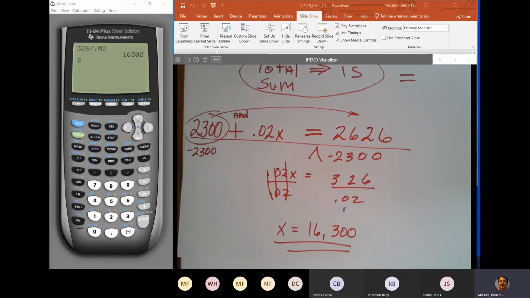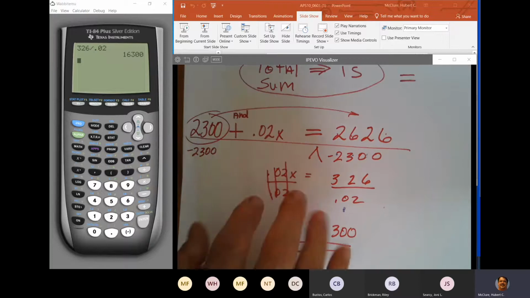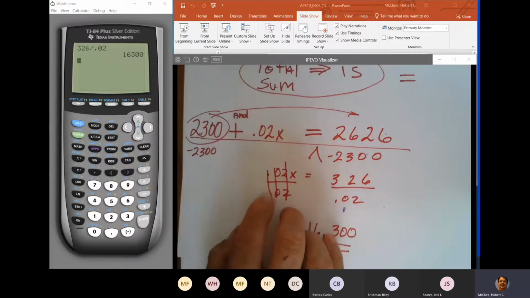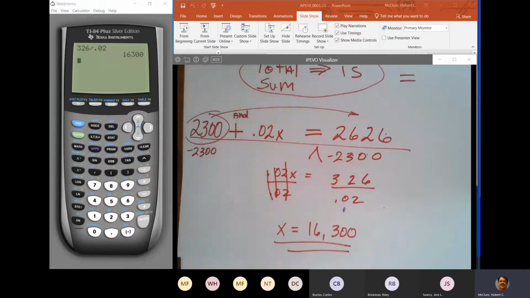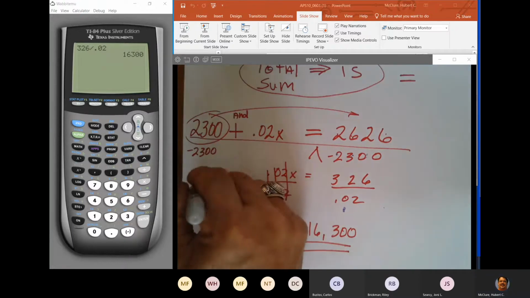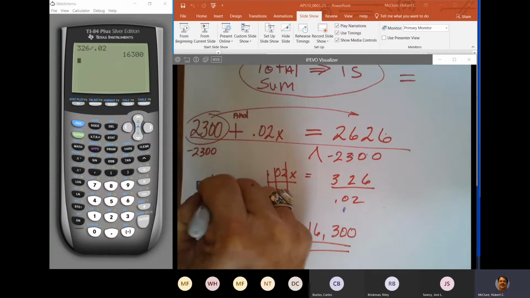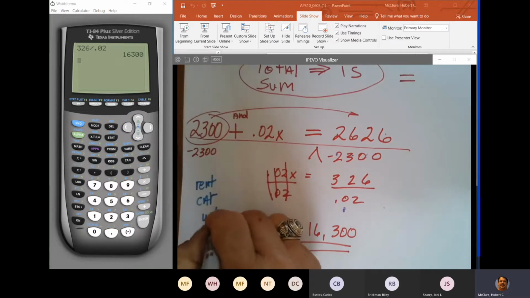All right, let's see. Any questions on that one? Now, also, you might want to put down on this one, I'm going to put it in a blue color. Renting a car with miles.